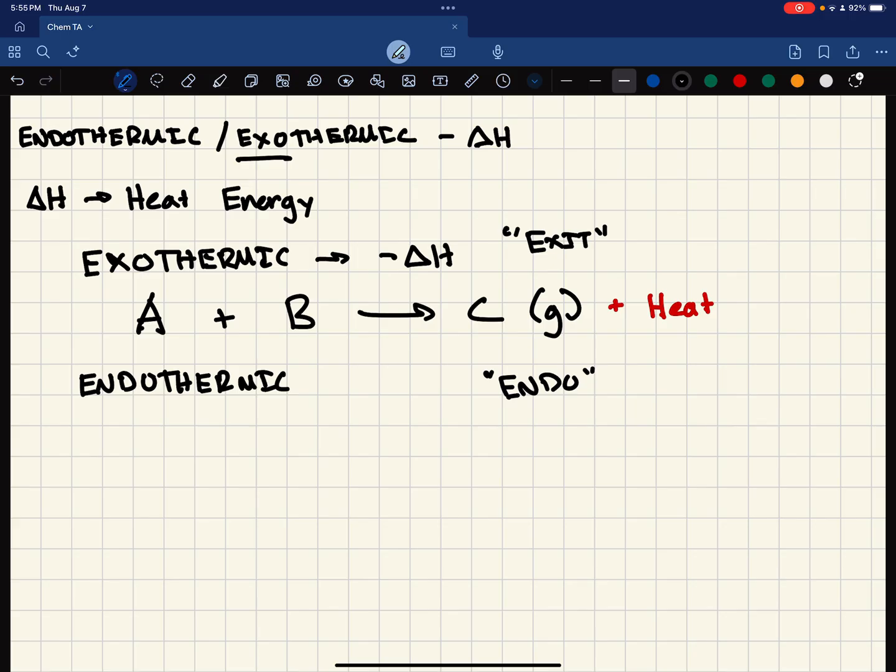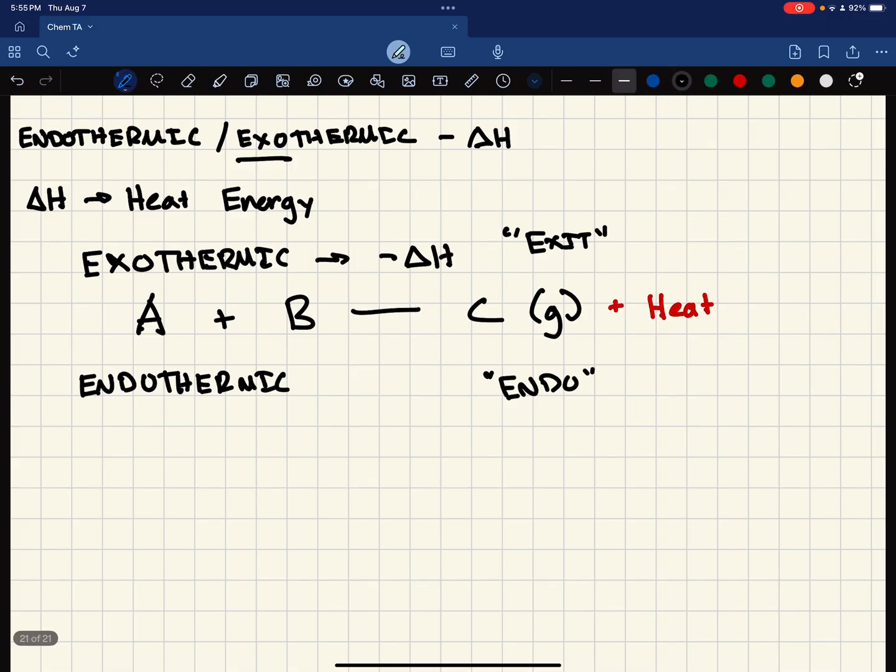Okay, so let's just flip this around, because in this reaction, like all reactions, usually instead of a single arrow right here, actually in chemistry, we'll go over this with equilibrium more, but we write a double arrow here, because with most reactions, they go both ways. Most reactions are reversible, and they can go one way and then they go the other way as well.